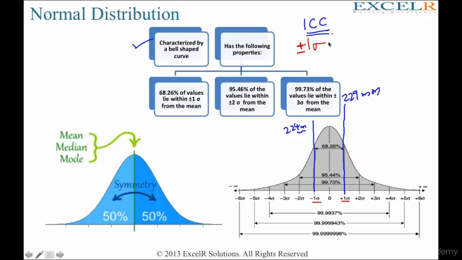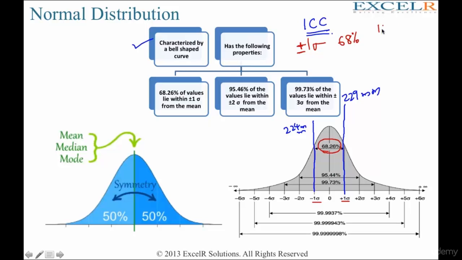Now, if a process operates at plus minus 1 standard deviation, that means roughly 68% of the cricket balls being manufactured meet your specification limits.